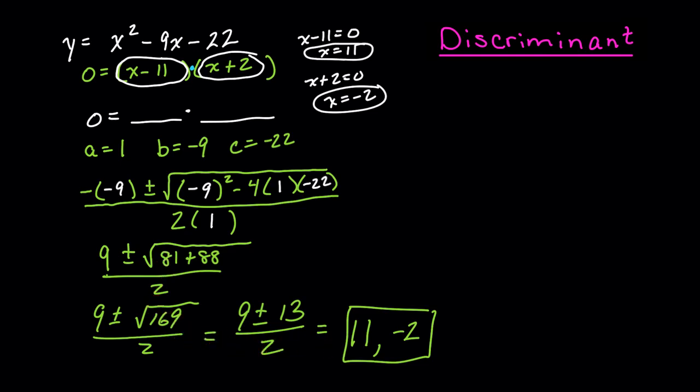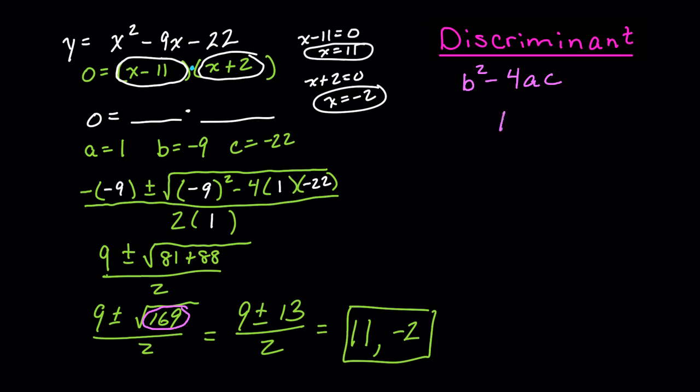Now let's think about our discriminant. The discriminant is the value underneath the radical. That is our b squared minus 4ac term. And that ended up being this 169 in here.